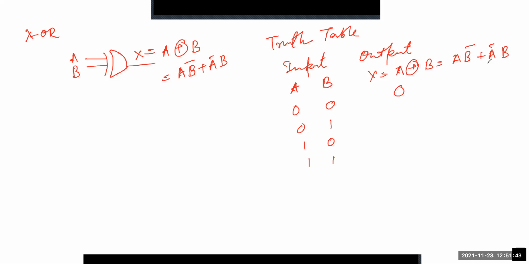Next, from 0 1 we are getting 1. For 1 0 we are getting 1, and for 1 1 we are getting 0. So this is the truth table of XOR.